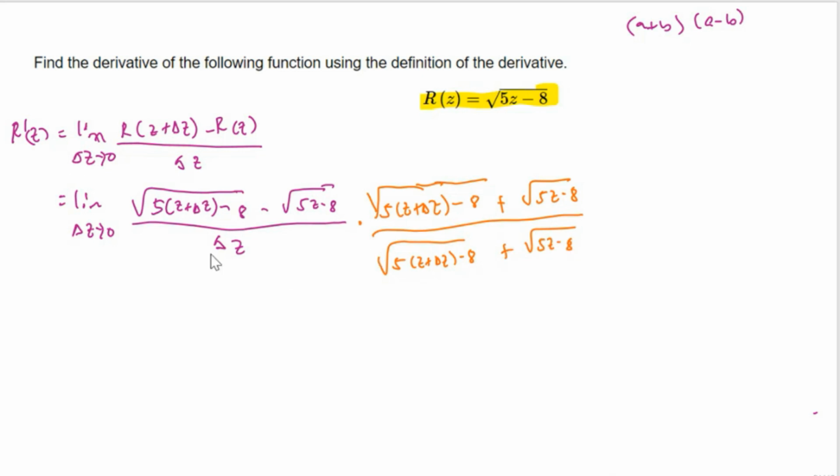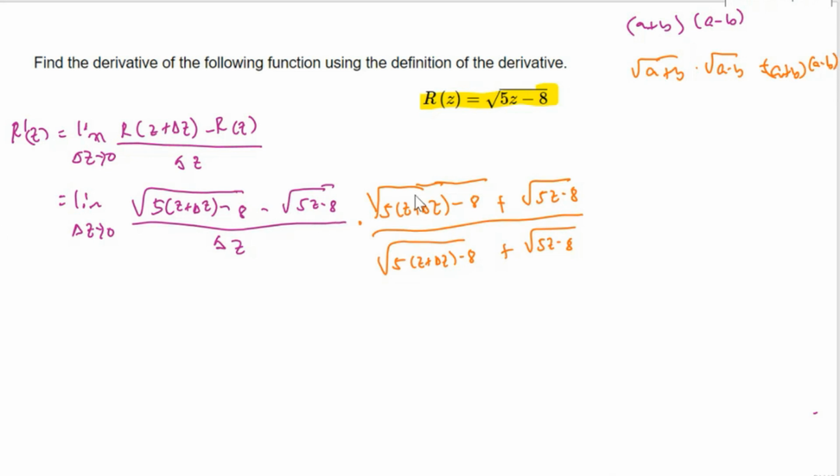Now, the product of the numerator, the square root of a plus b times the square root of a minus b, will be equal to, we can cancel the radical sign, a plus b times a minus b.